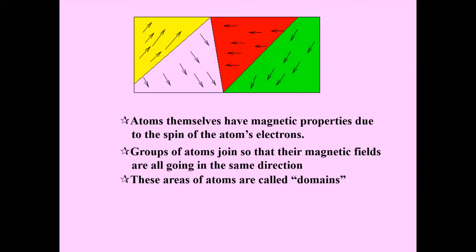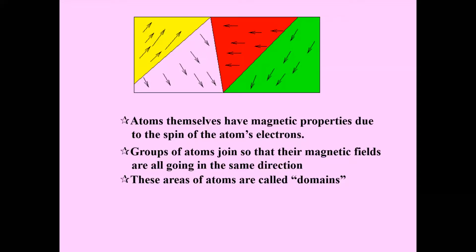A group of atoms join so that their magnetic fields are all going in the same direction. These areas of atoms are called domains. So in a magnetic material, most of the electrons of all atoms are spinning in the same direction.